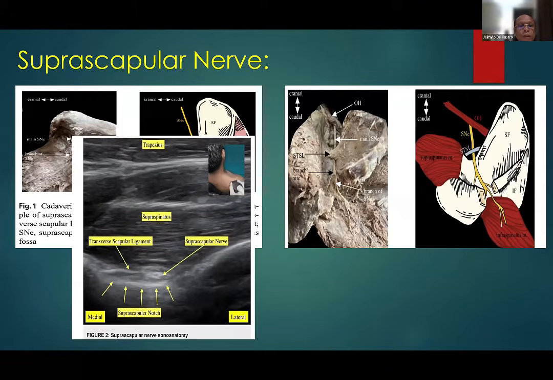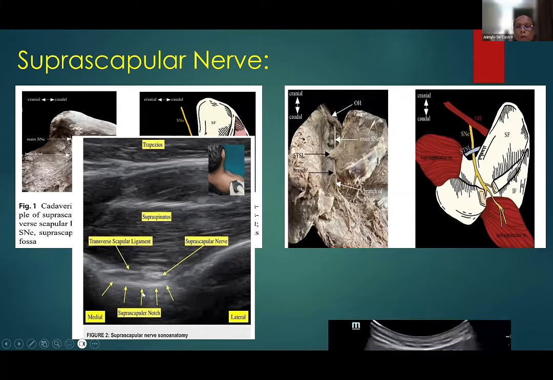And then, of course, by ultrasound, you see that echogenic line here, which is the transverse scapular ligament, and it's actually deep. We're imaging the topmost portion, and you can see the suprascapular nerve in this area below the transverse scapular ligament, with the notch below representing the lateral to medial area.